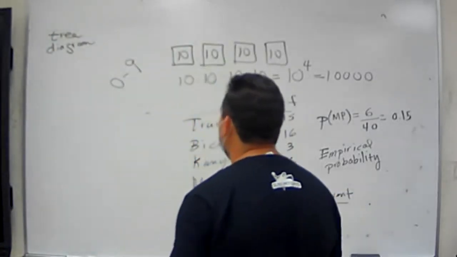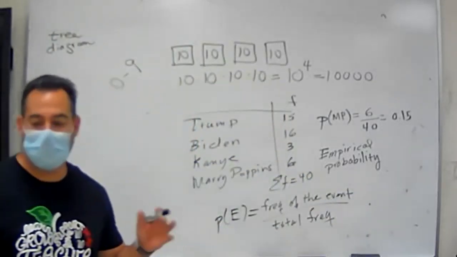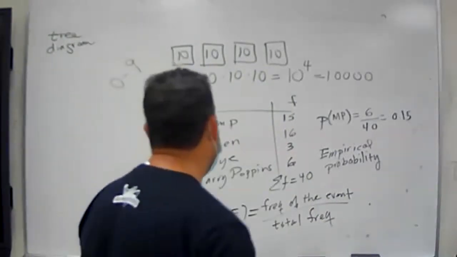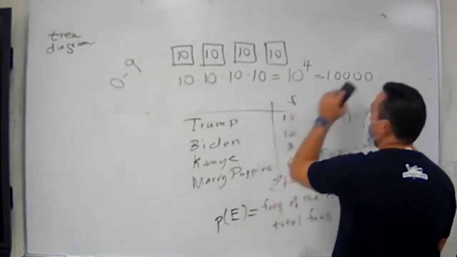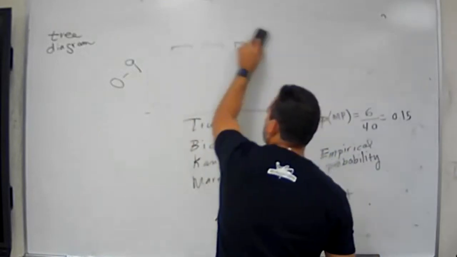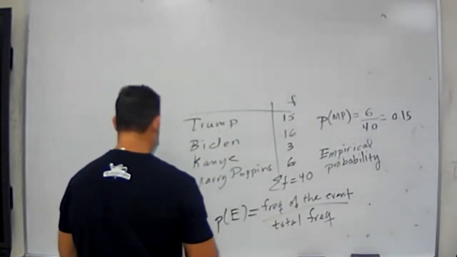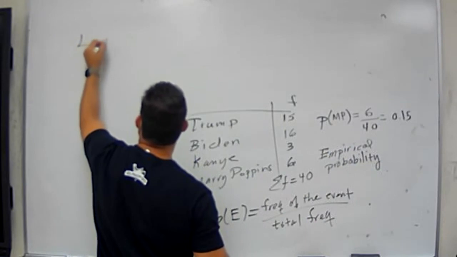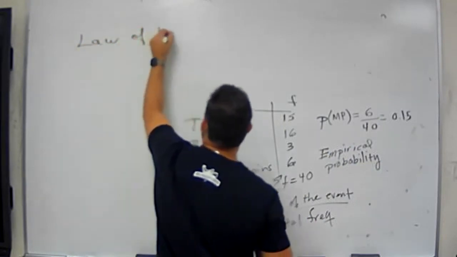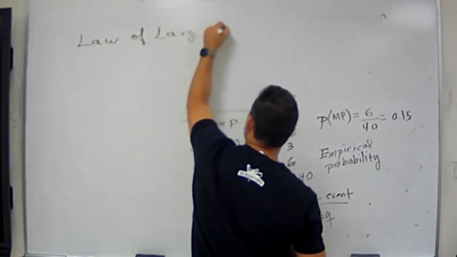So this leads us to finalizing this section, and it's called the law of large numbers.